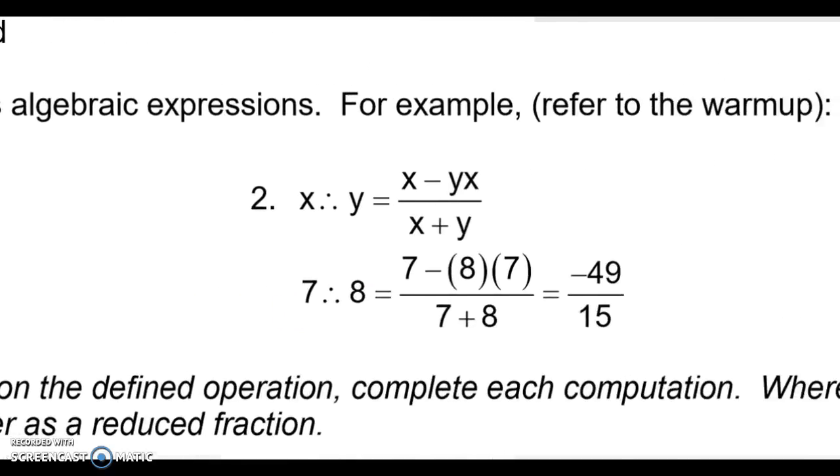Looking at number 2, we've got a slightly different operation being defined. X and then the 3 dots there, Y. And the way we're going to define that is if we have an X, highlight those out, and then we have Y. This operation is defined as x minus y times x, all divided by x plus y.